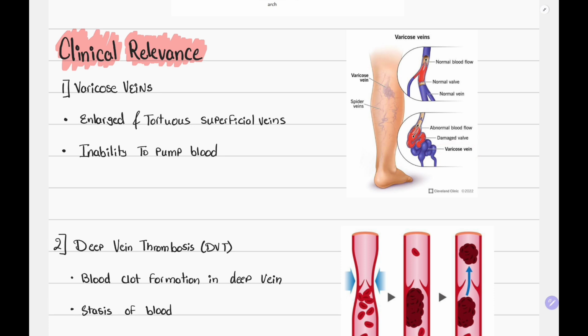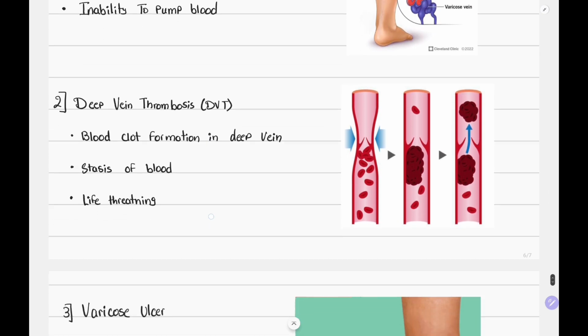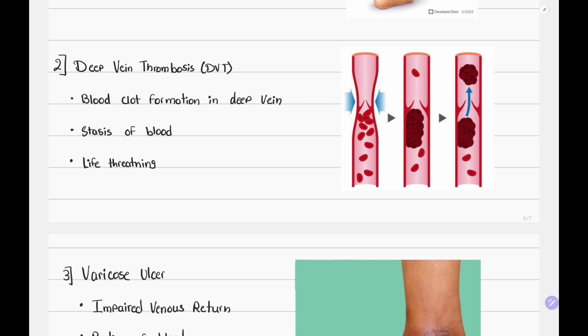The condition of varicose veins is very common in elderly people, where the musculature of the veins gets weaker with time. Our next clinical relevance is deep vein thrombosis. Deep vein thrombosis is the formation of a blood clot in the deep veins, which is due to stasis of blood, that is, the ineffective movement of blood. As you can appreciate in this image, firstly the blood is hindered, which leads to pooling of the blood right here, and that slow movement leads to formation of a blood clot right here.